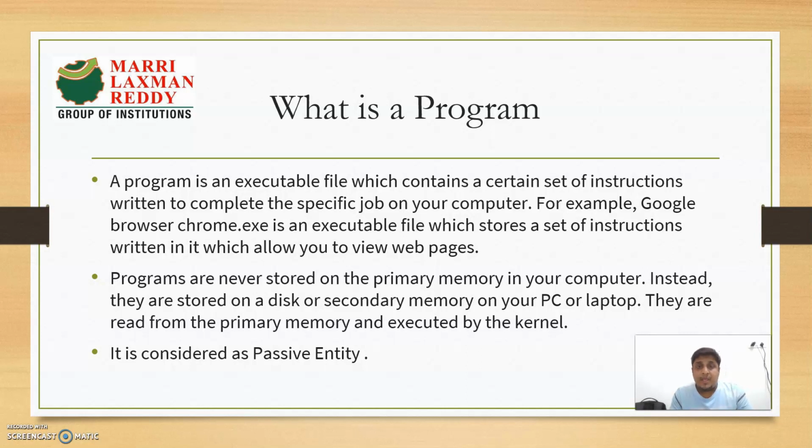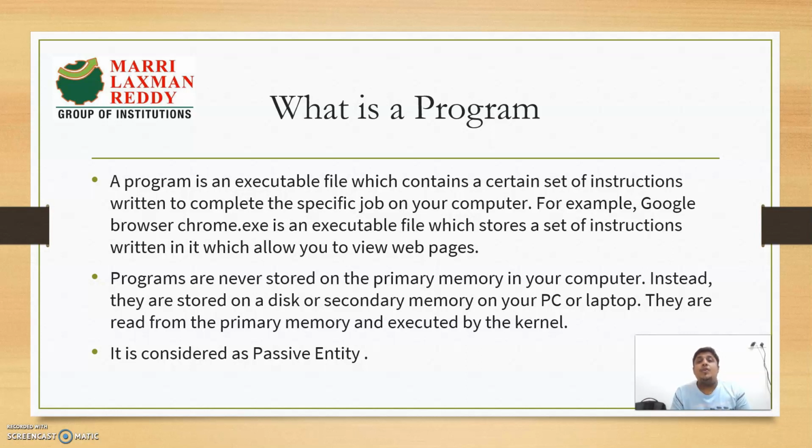It will be saved in the secondary memory. All the major requirements of an operating system will always be stored as a backup or as a batch in the primary memory. Let's take an example.